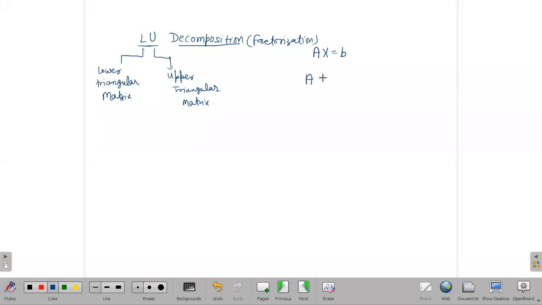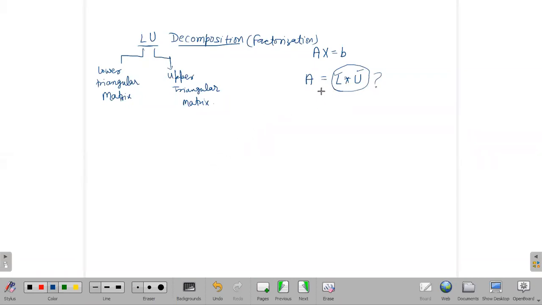So decompose this matrix into the product of L and U, which should be equal to A again. You have to find one lower triangular matrix and one upper triangular matrix, and their product should be A. These are special kinds of matrices. Now how to find these L and U, first of all.